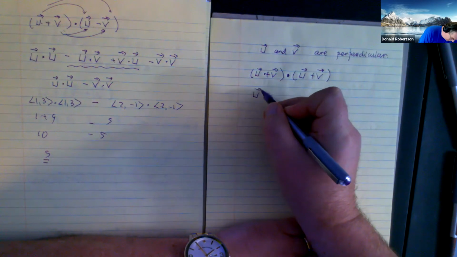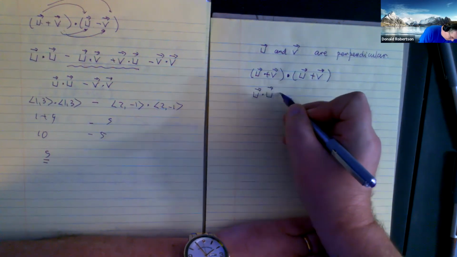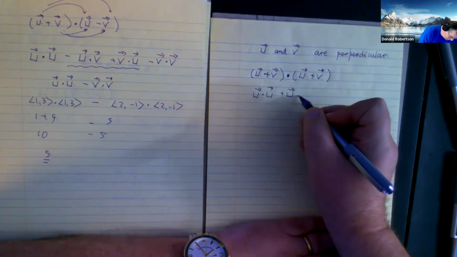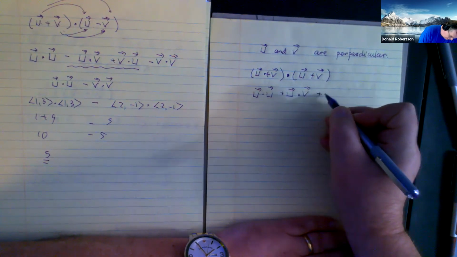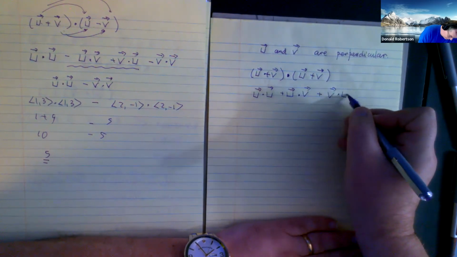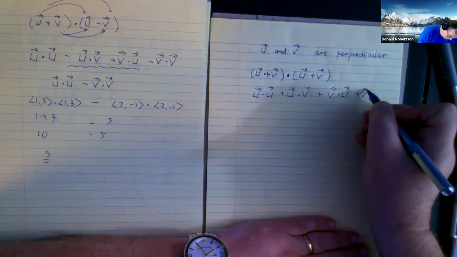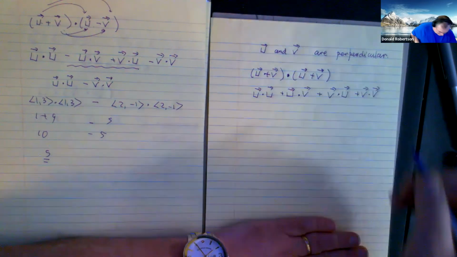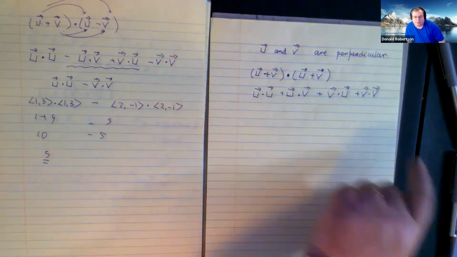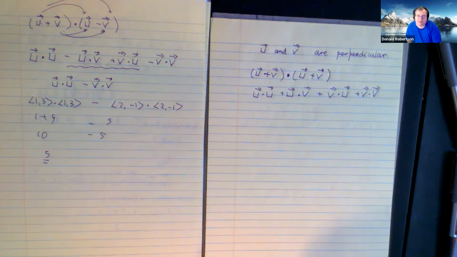Then it would be u dot u plus u dot v plus v dot u plus v dot v. And not only did I want to find out what that answer is, I wanted it to be in its simplest form.